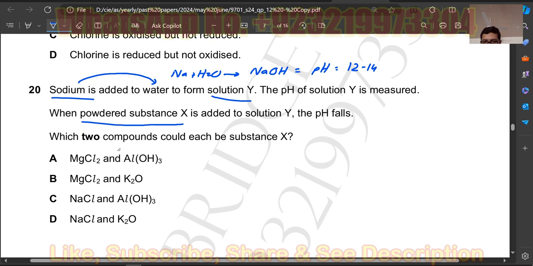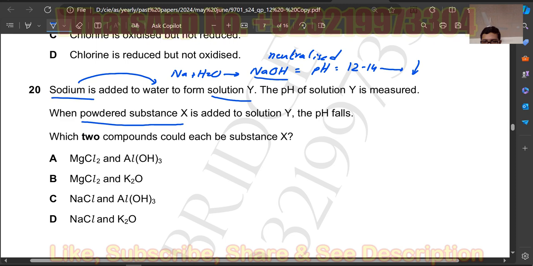What do you know about the type of reaction when these compounds are added to the NaOH? We need to check how this pH value will decrease, which means how the NaOH will be neutralized. Only in that case will the value of the pH decrease.